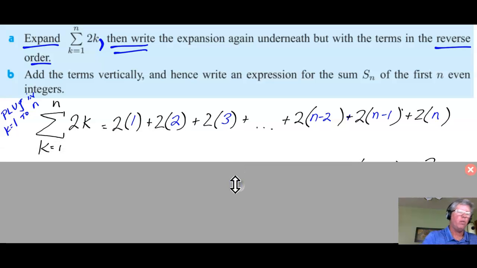All right. When we expand, what we do is we plug in k equal to 1, k equal to 2, k equal to 3, and usually the top number is a number, so we go until we get that number. But here we have to go till n. Well, I don't know when to stop. Well, we stop when we plug in n. So you should be able to see if I plug in n for k, I get 2n.